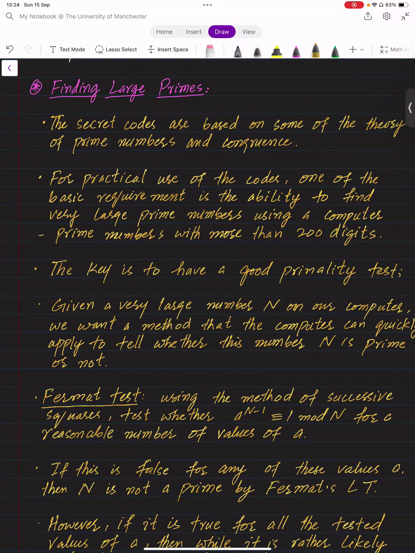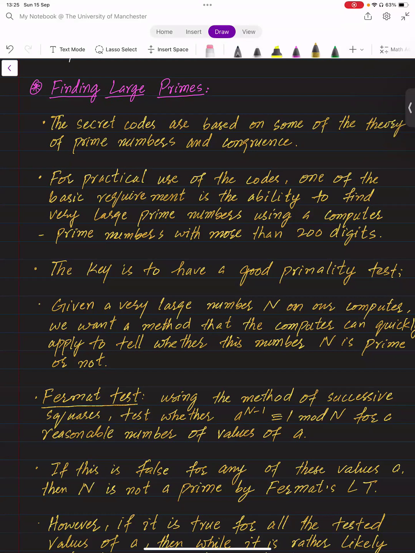In the next chapter, we will introduce some very clever secret codes that are used in everyday life for the secure transmission of sensitive information. The secret codes are based on some of the theory of prime numbers and congruences, and these we have already covered.